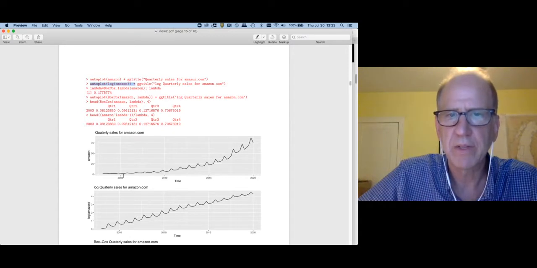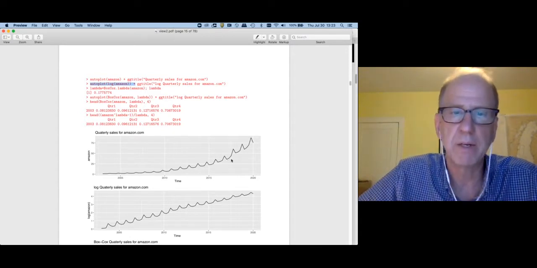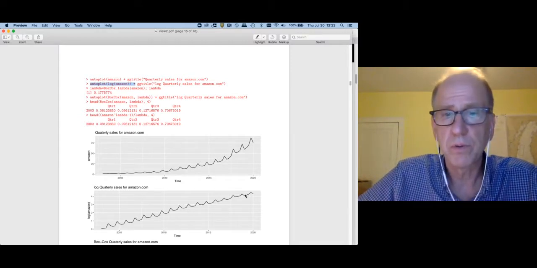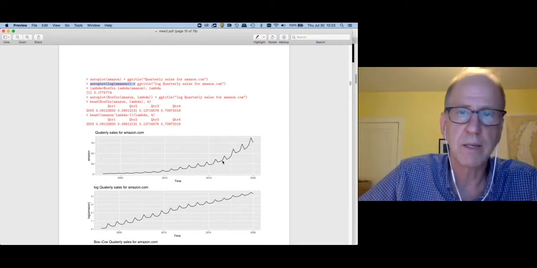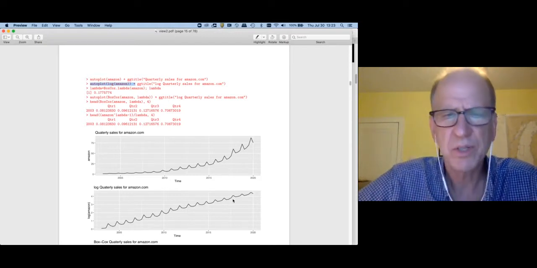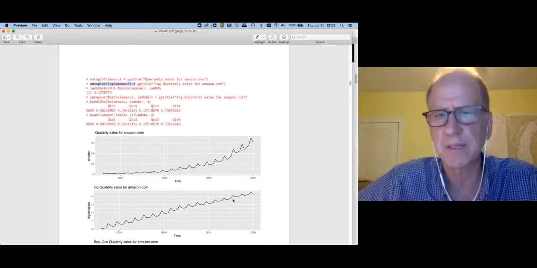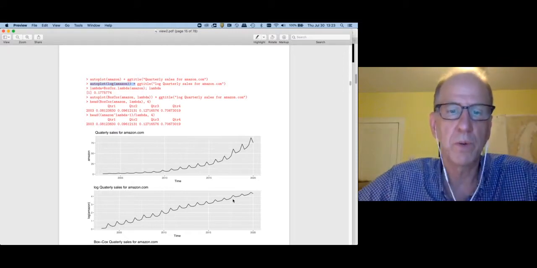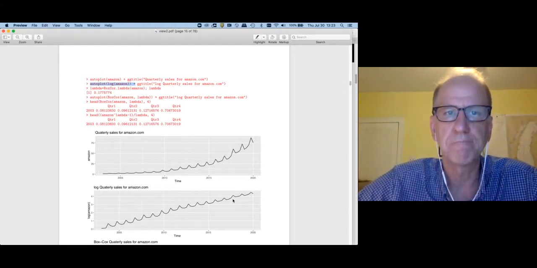So rather than having this increasing pattern, it's a straight line. Exponential growth is when you take a log of the function and you get a line. So we're kind of close to exponential growth, and that's what I suspected back in the first video when I first showed this data.